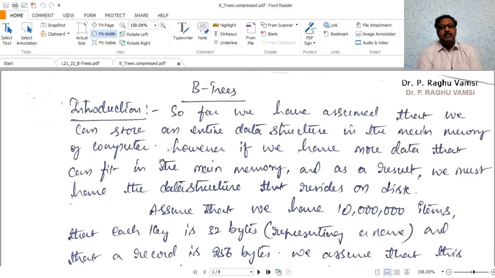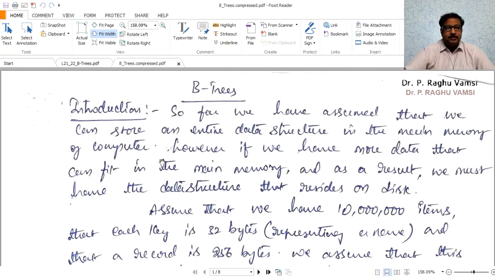Nowadays, many laptops come with a 1 terabyte hard disk. So 32 GB is very small compared to 1 terabyte. 1 terabyte means 1024 gigabytes, so 32 GB is much smaller than 1024 GB.